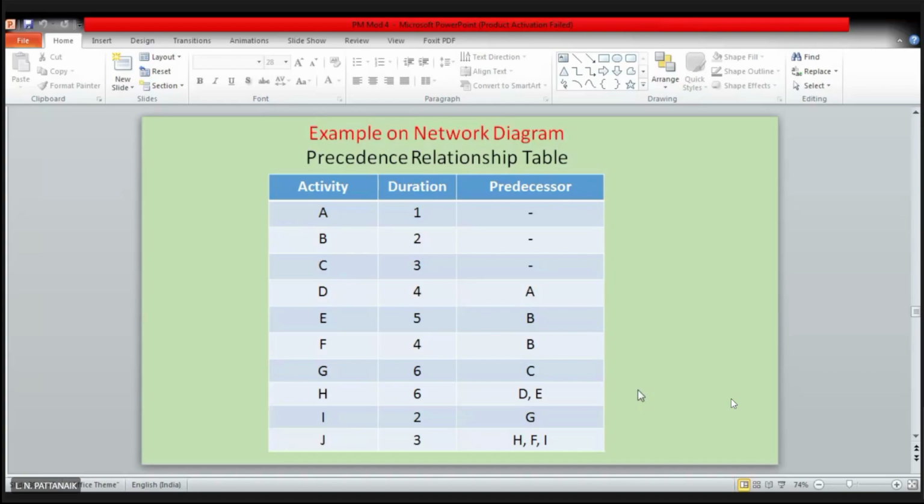All the activities will be marked as arrows, right? So there is some predecessor, right? And derivation we are not going to use for the construction purpose. It will be used later, but just construct the network diagram. All of you, are you able to take this problem?